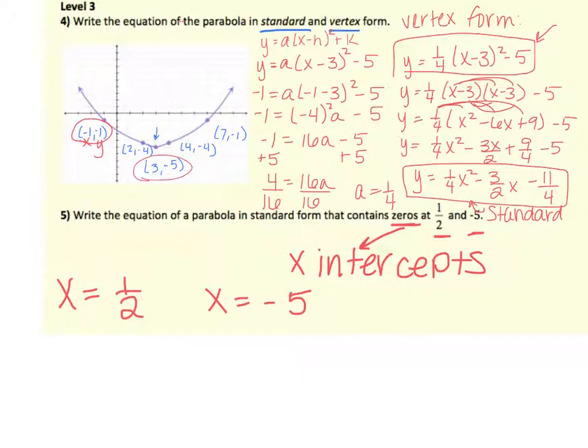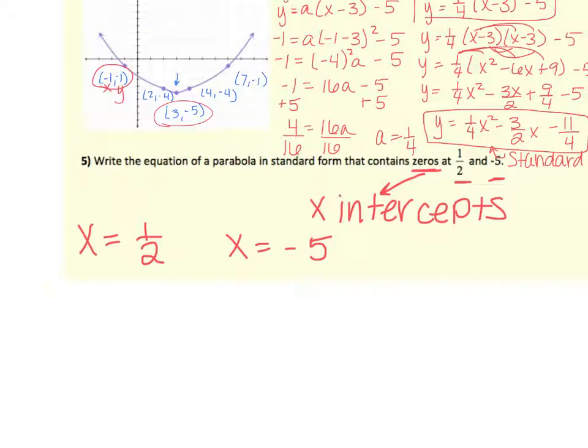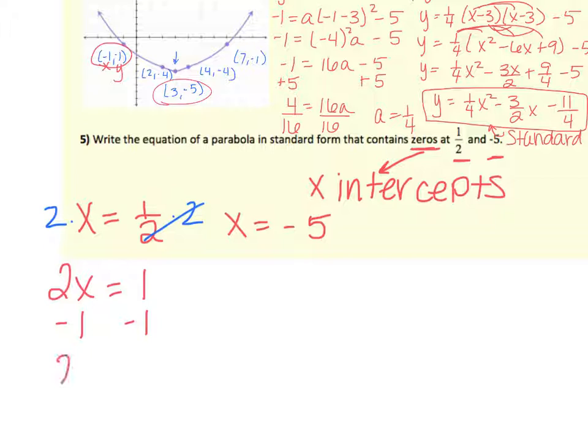Now I want to create the factors that are going to give me those answers. So for the first one, I'm going to multiply both sides by 2. I'm going to get 2x to equal 1. And now, again, I want it to become the zeros. I want to get this factor equal to 0. So I'm going to subtract 1 from both sides. So now I've got one factor.